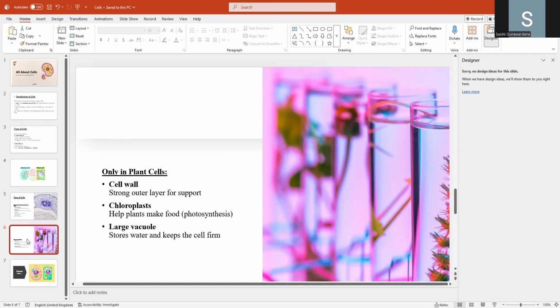Chloroplast helps plants make food. It means it helps the process of photosynthesis. Large vacuoles store water and keep the cell firm. And there may be some salts, sugars, and coloring pigments dissolved inside this vacuole.